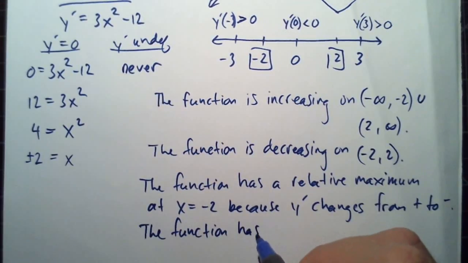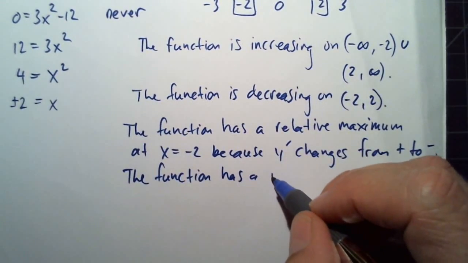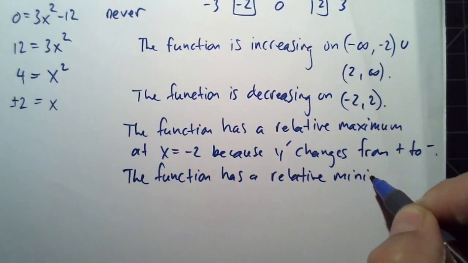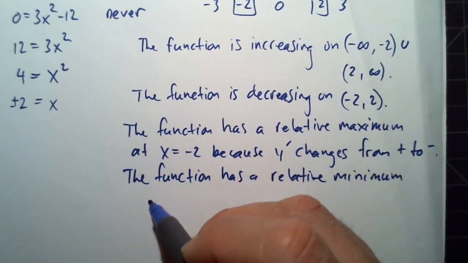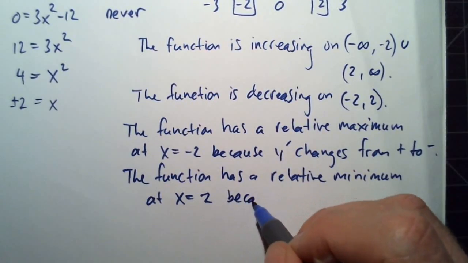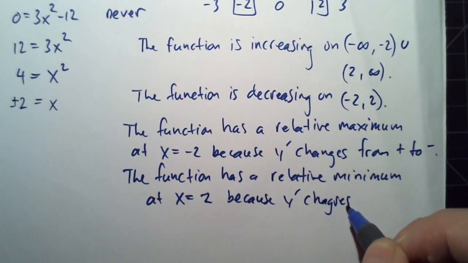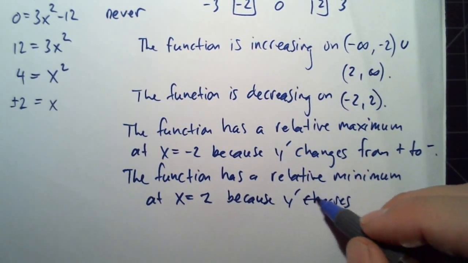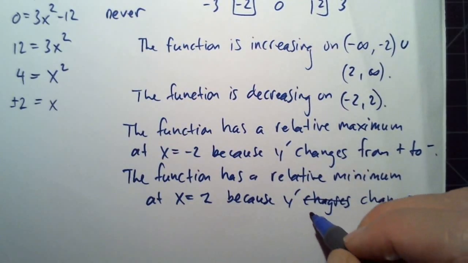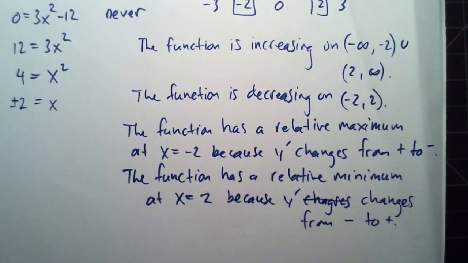The function has a relative minimum at x equals positive 2 because y prime changes from negative to positive.